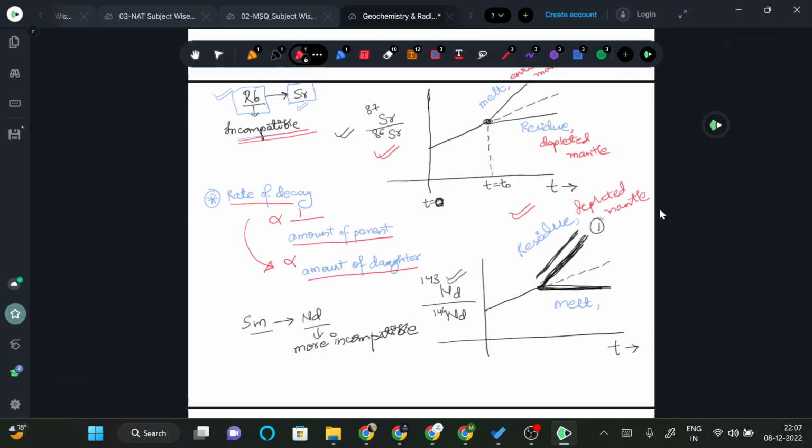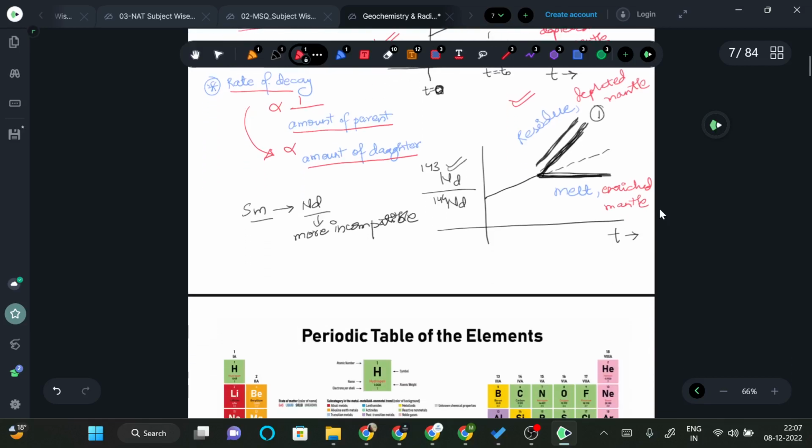You will get the right option easily. Also, let me tell you one thing. I will write it here. What is depleted mantle plus crust? Can anyone tell me? Depleted mantle plus crust.